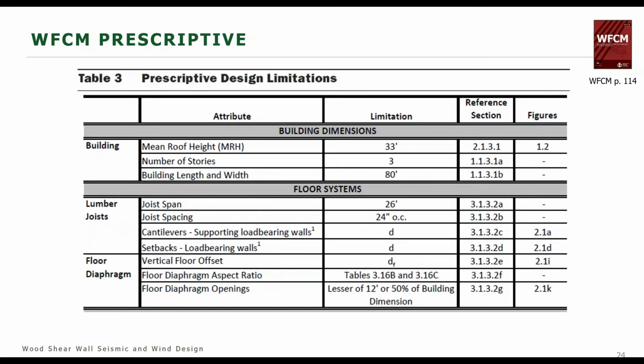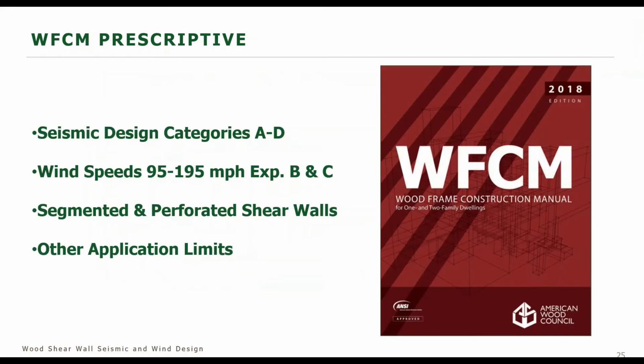That's going to be chapter 3. And when we go to the beginning of chapter 3, we see these prescriptive design limitations. Again, the building geometry is unchanged from what we saw in chapter 1.